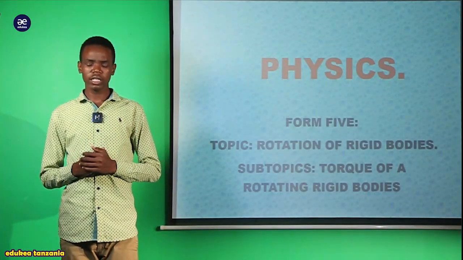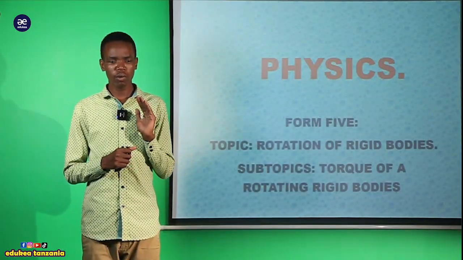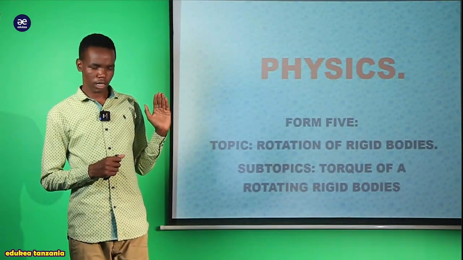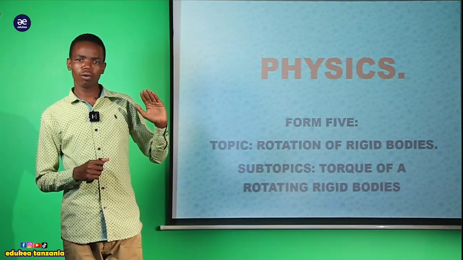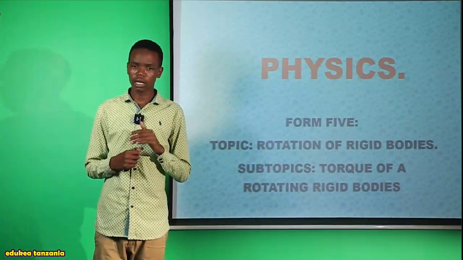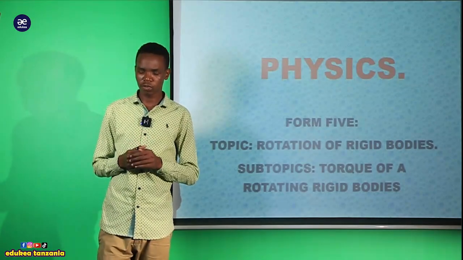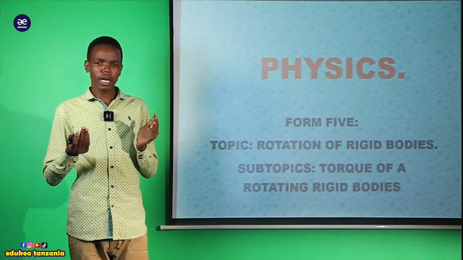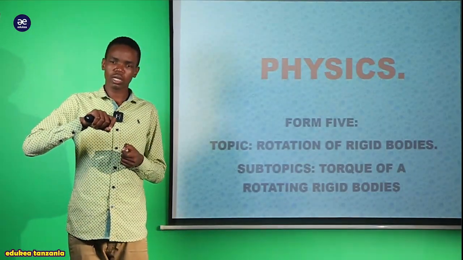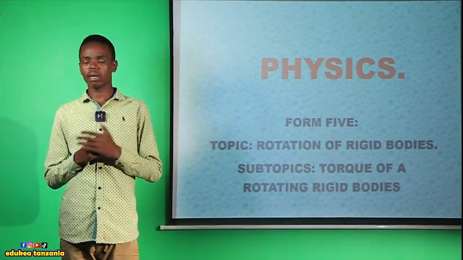In the last session, my dear student, we saw how to obtain the moment of inertia, by making a relationship between the torque, the angular acceleration, and mgh for the compound pendulum.